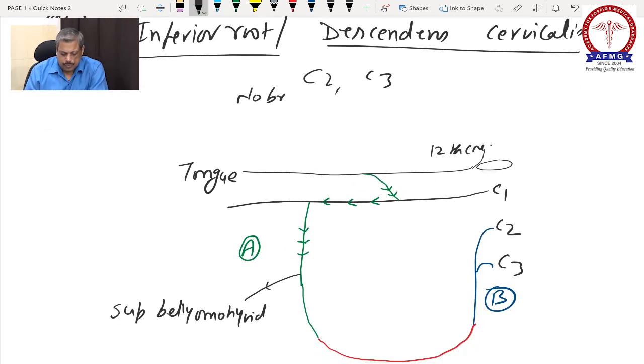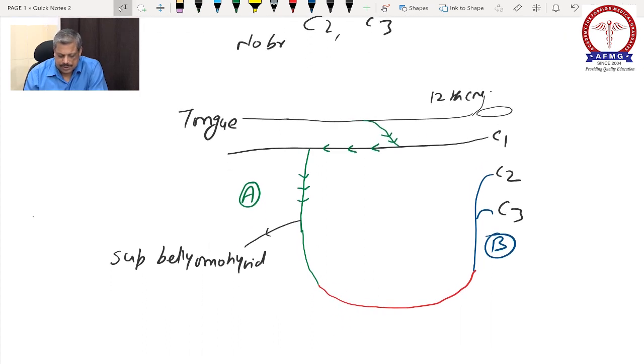When these two roots, the superior root, descendens hypoglossi, and the descendens cervicalis, meet, it becomes the ansa, and this ansa gives three branches.